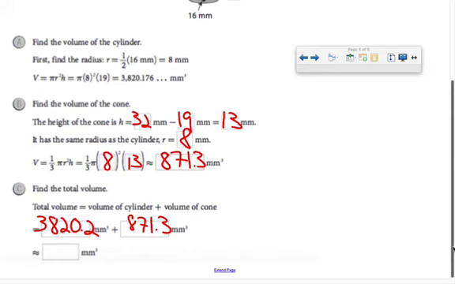And when we add those together, we get 4,691.5 cubic millimeters.